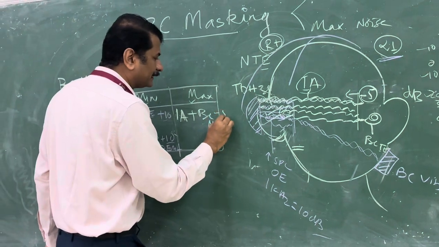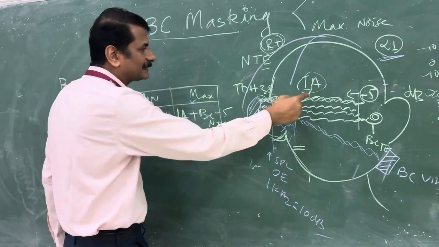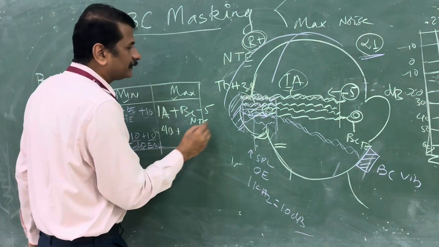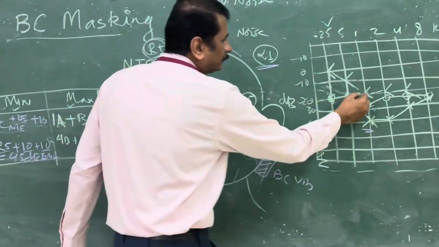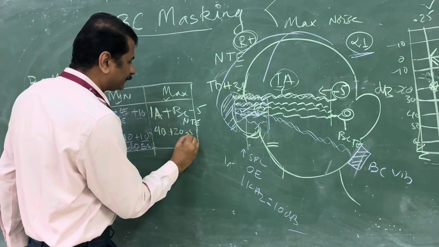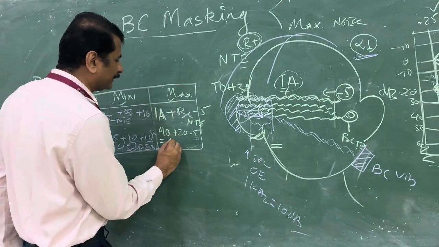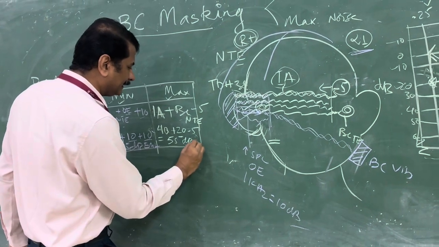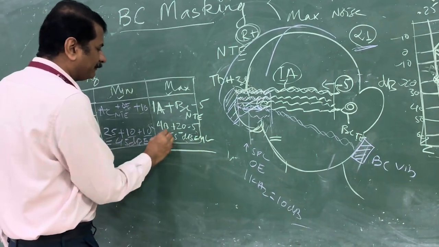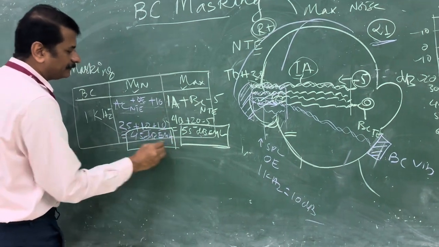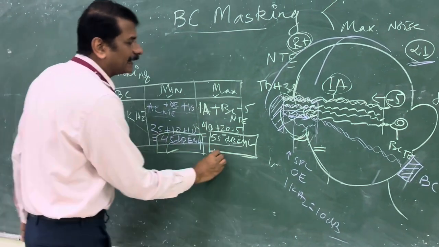So in this case, the IA would be 40 plus the BC of the non-test ear, 20, minus 5. So 60 minus 5 is 55 dB EML.